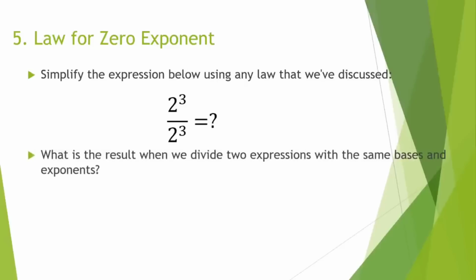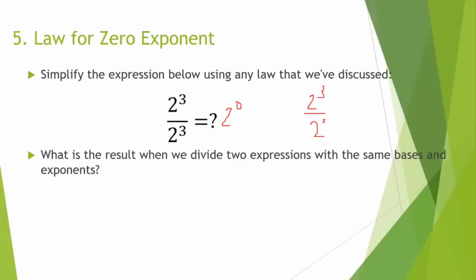So we have 2 cubed over 2 cubed, so that can be 2 raised to 3 minus 3, which is equal to 2 raised to 0. Am I right? Yes. How about if we use the first method wherein we will expand? So let us check. We have 2 cubed over 2 cubed.